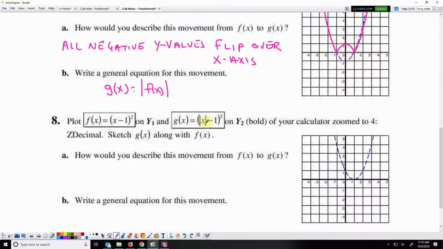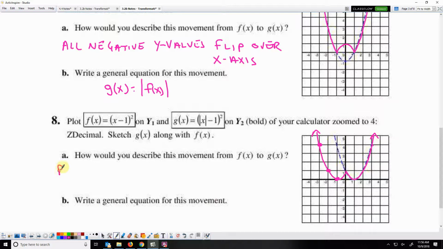What if that absolute value is inside the original function? Okay, this one's going to look a little bit more odd, but what actually happens is this positive part of the domain, so this is a parabola shifted 1 to the right. The positive part of this domain is going to stay, but it's also going to reflect over the y-axis. So the graph would look like that.